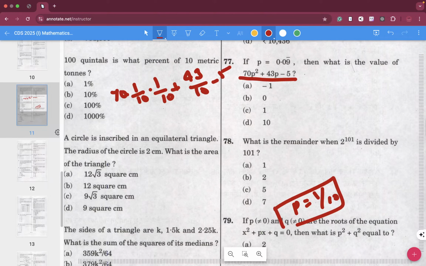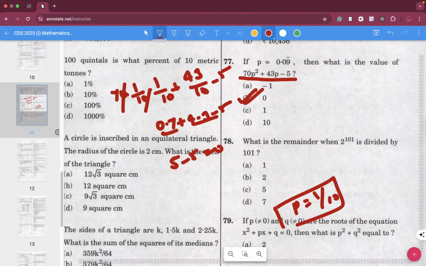So this is 7 by 10, which means 0.7, plus 4.3 minus 5. If you add these two you get 5, and 5 minus 5 is equal to 0.